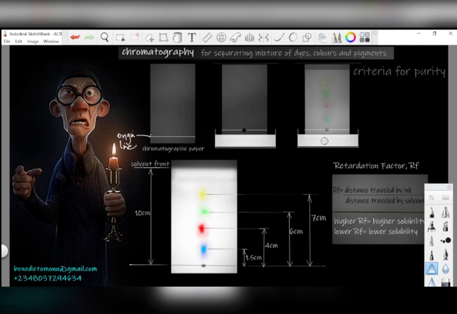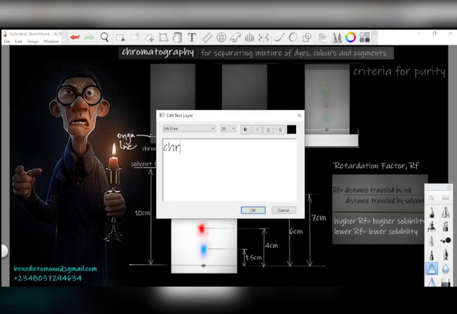If you give it some time, you see over time, the chromatographic paper will be absorbing the solvent up the paper, and as it absorbs it, this ink will separate into the various colors that it has. So this paper that we bring out with the separated ink is no more called a chromatographic paper, but it is called a chromatogram.